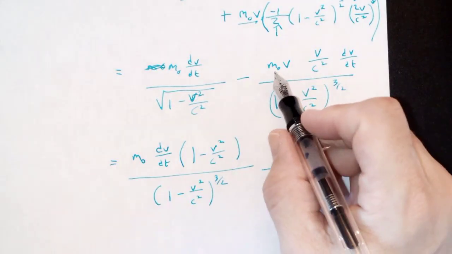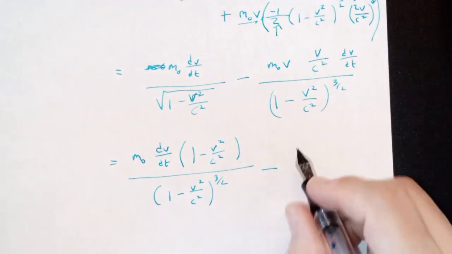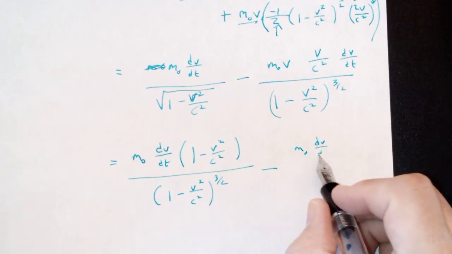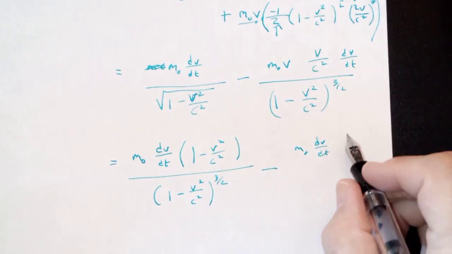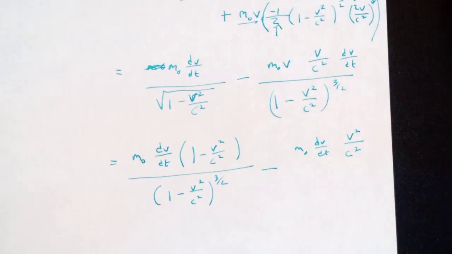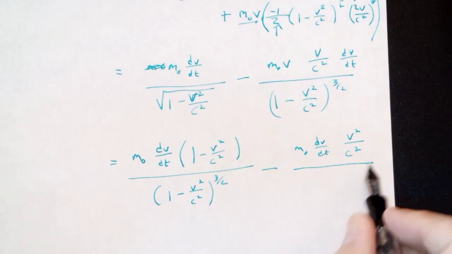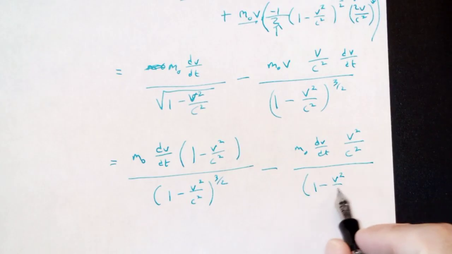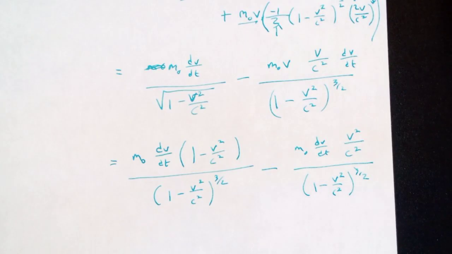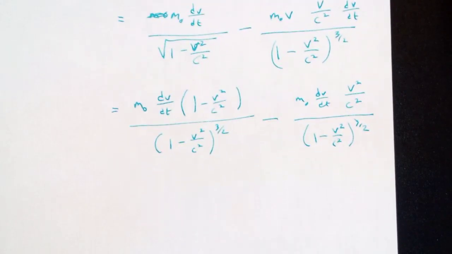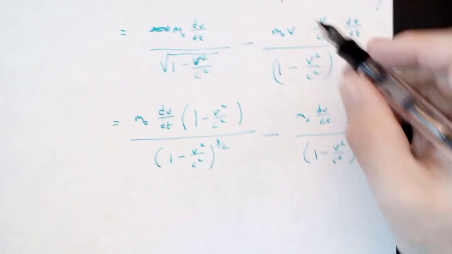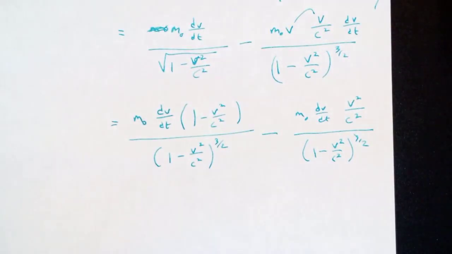Hey, wait a minute. I've got an m0. I've got a dv/dt. And then I've got v squared over c squared. This v got combined with this one to make the v squared. That's all on the same denominator, right?